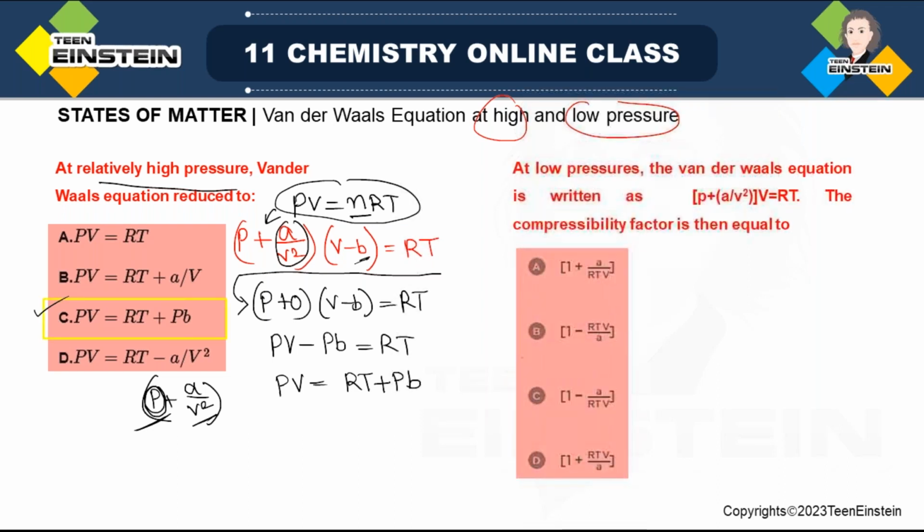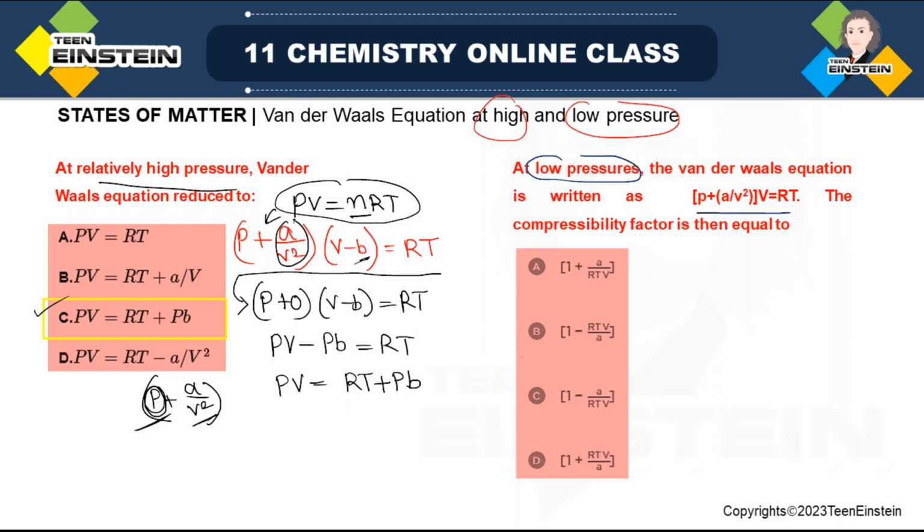Next, we have to see the Van der Waals equation if pressure is low. Here also we will solve another problem, and when you solve it, you will also understand how this equation changes at high pressure and low pressure. Here it is low pressure, and it is already mentioned in the question that the Van der Waals equation is written like this: P plus a by V square.